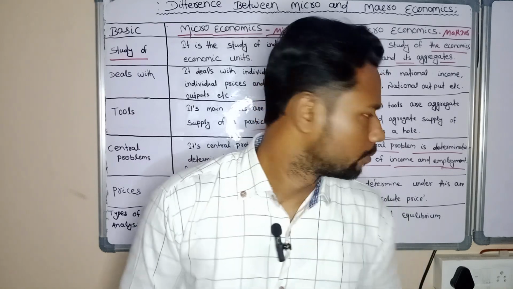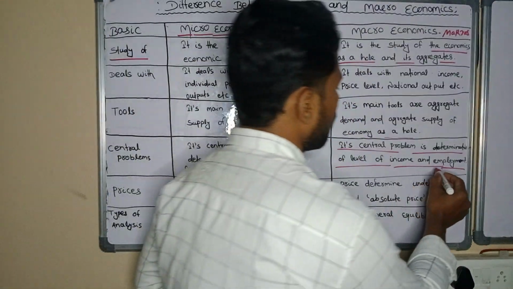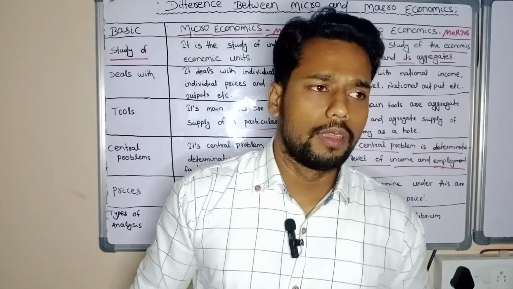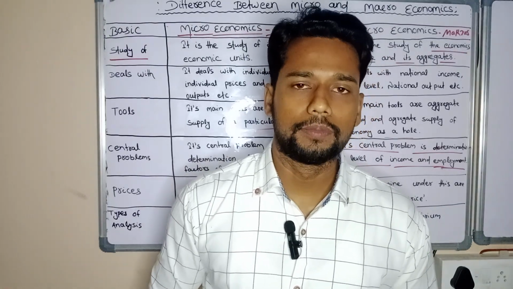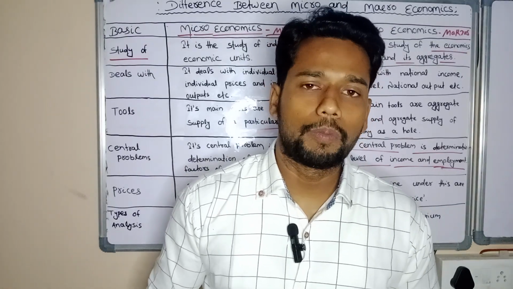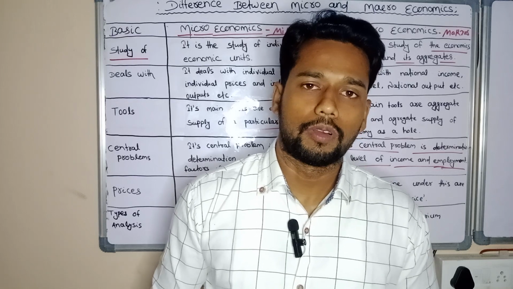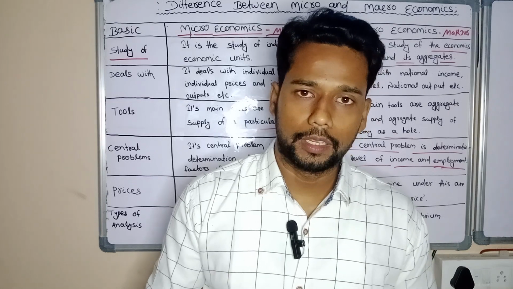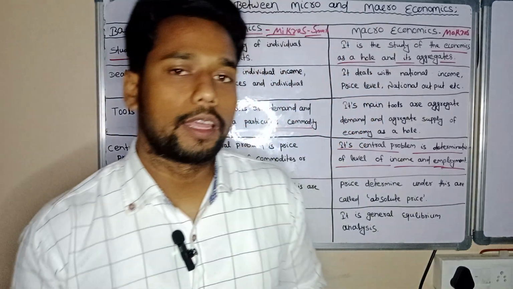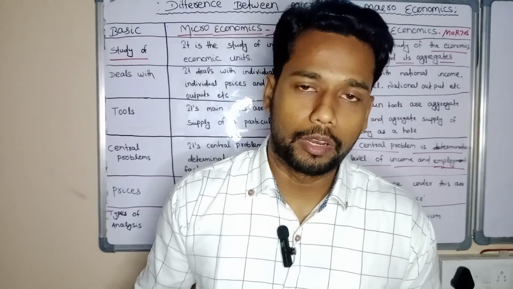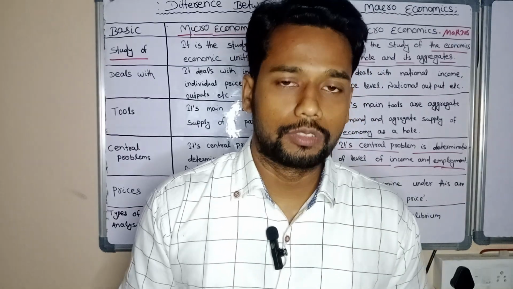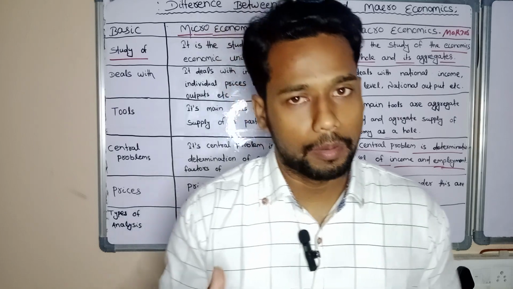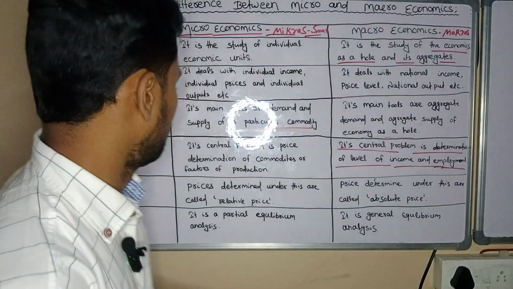Another thing is employment. Whether your country has full employment or underemployment, a lack of employment, or many opportunities for employment. If you are studying the employment condition of a country, you are studying macroeconomics.